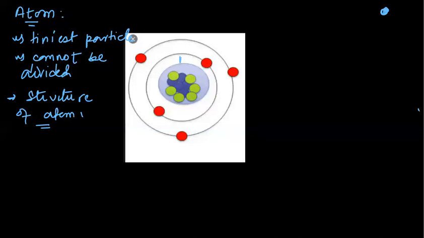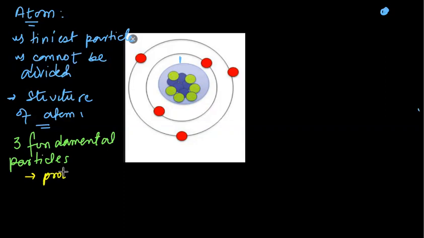So, talking about the fundamental particles, there are basically three fundamental particles by which an atom is made: proton, electron, and neutron.